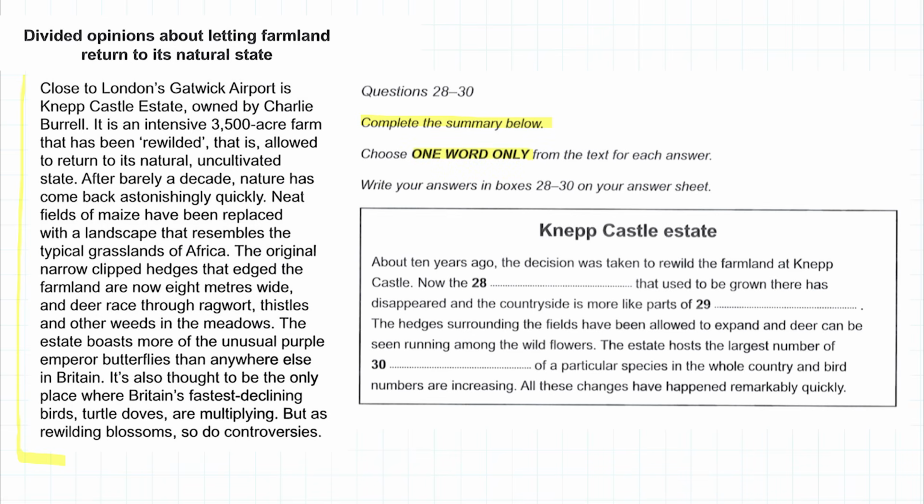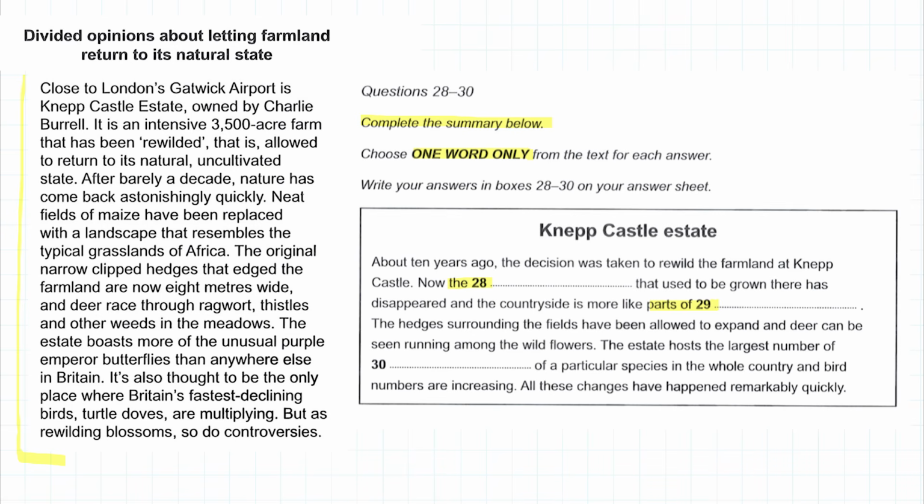So let's read the first two and try to predict what we're looking for. 28, so we know for sure we're looking for a noun that used to be grown there. So something that used to be grown. So it was grown in the past, but is not grown anymore. It has disappeared. And the countryside is more like parts of, and 29.